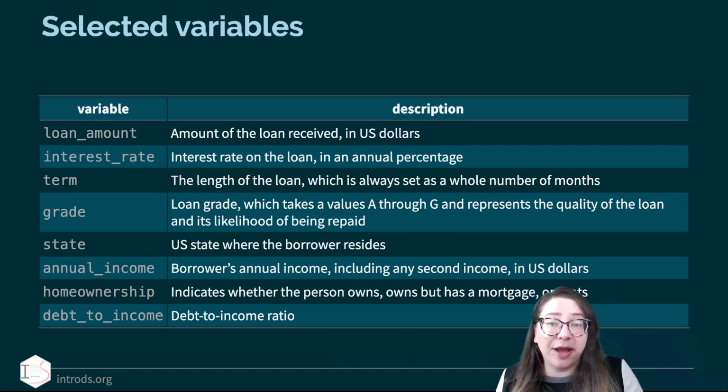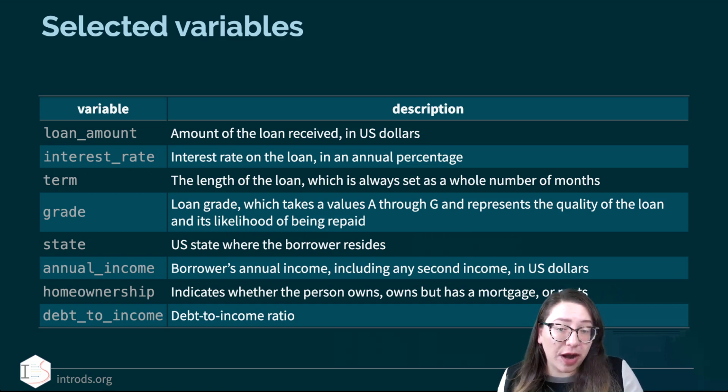So the loan amount is the amount of the loan received in US dollars. The interest rate is the interest rate on the loan in an annual percentage. The term is the length of the loan, which is always set as a whole number of months. The grade takes the values A through G and represents the quality of the loan and its likelihood of being repaid. The state is the US state where the borrower resides.